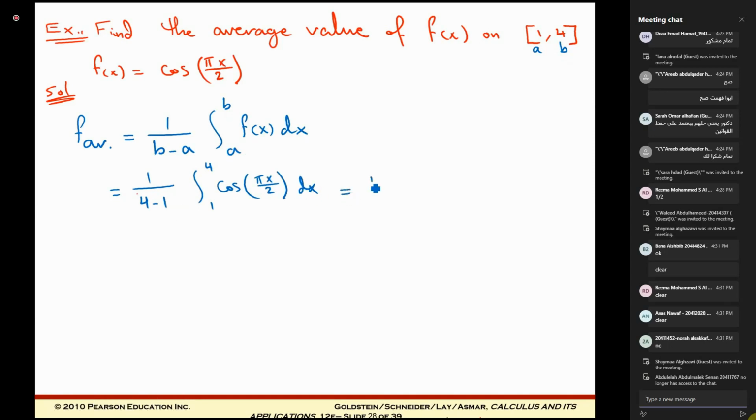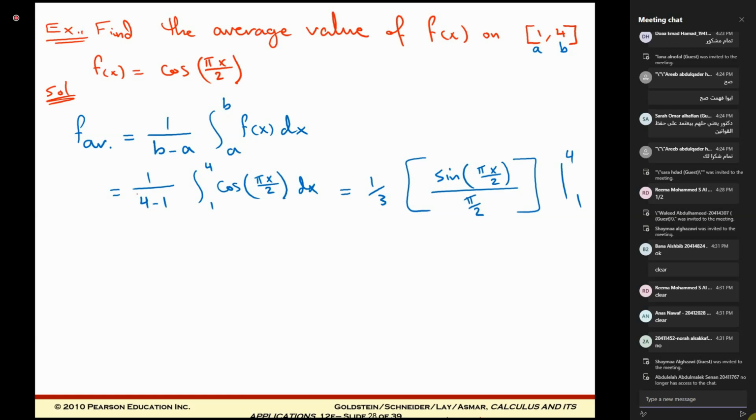This equals 1 over 3 from 1 to 4. What's the integral of cosine? This equals sine pi x over 2, over what's the coefficient of x, pi over 2? Remove this one. For this one we need to substitute 4 and 1. Okay, after finding the integral, you must remove the sign of integration.